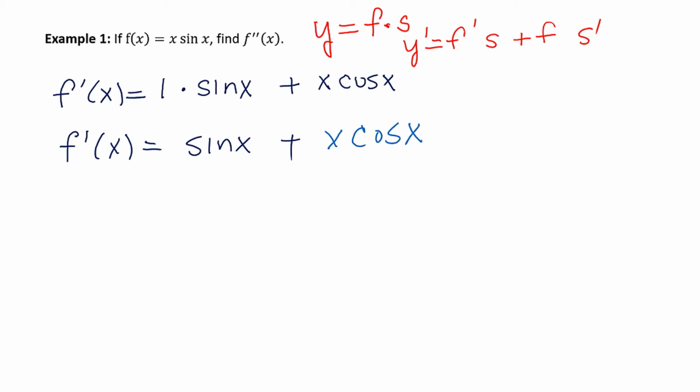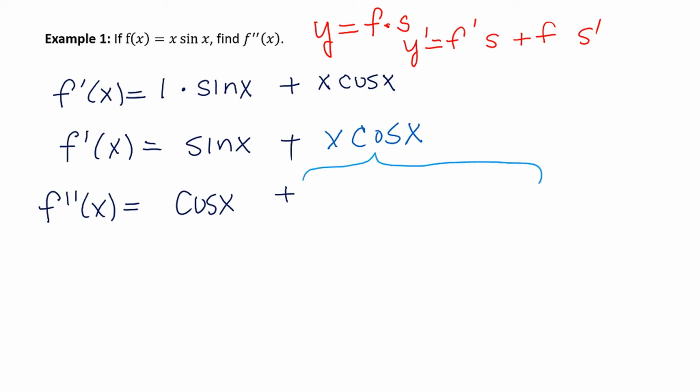Now we're ready to find the second derivative. The second derivative, f double prime of x, is equal to the derivative of sine x, which is cosine x. Now, to find the derivative of x times cosine x, we're going to need to use the product rule again.